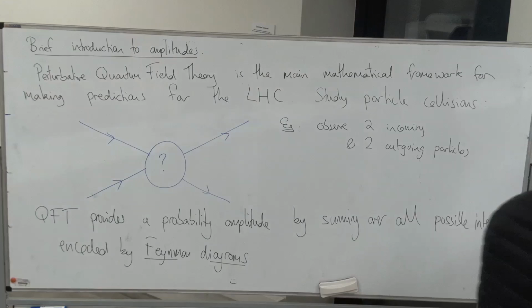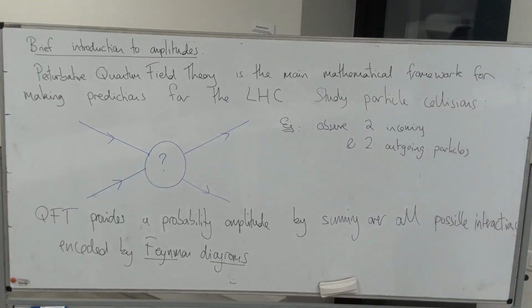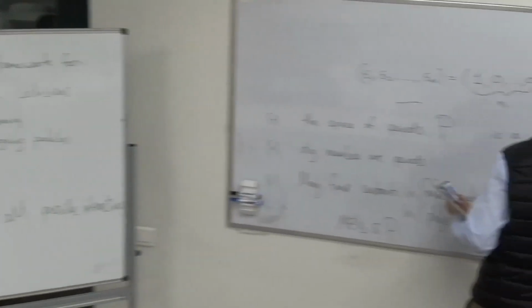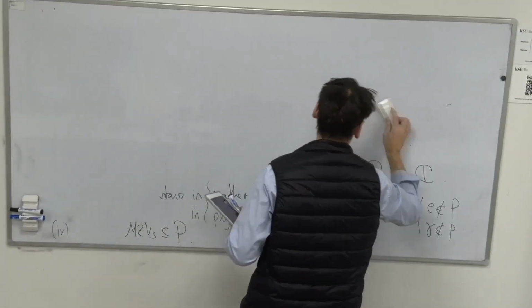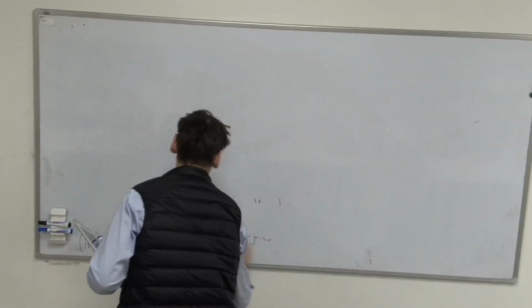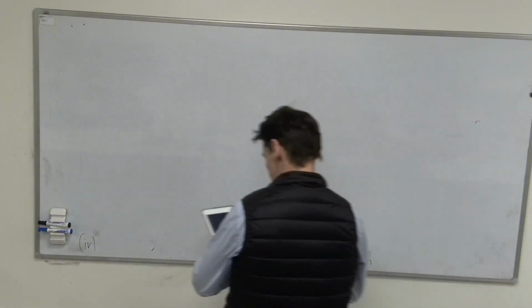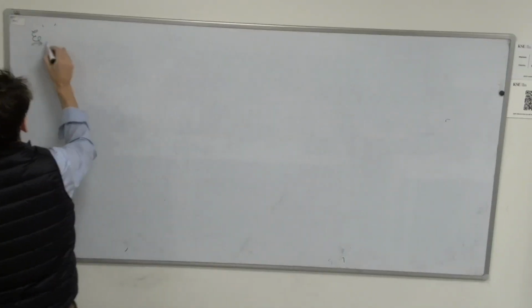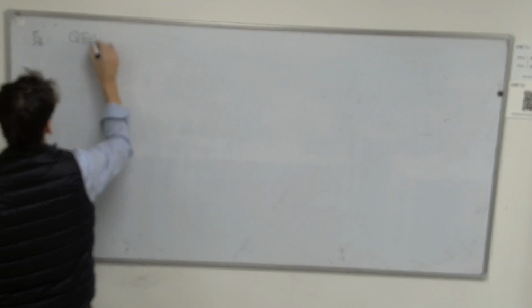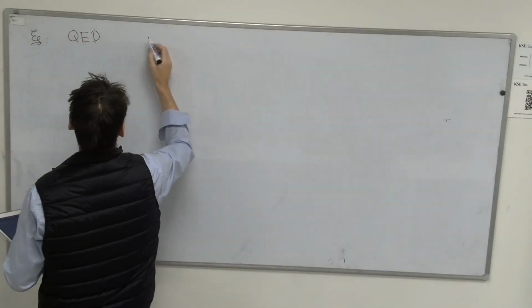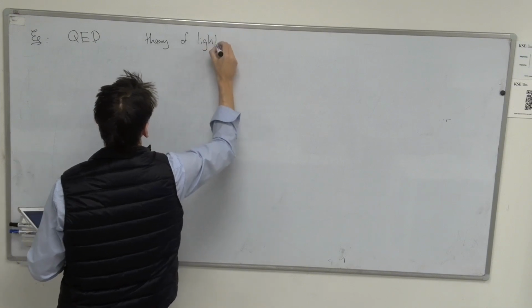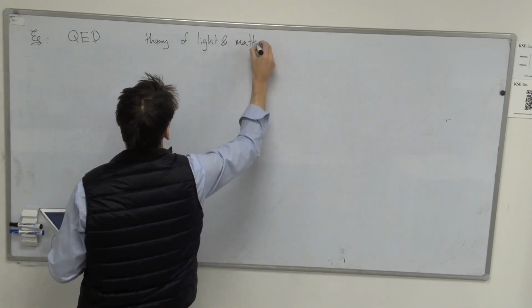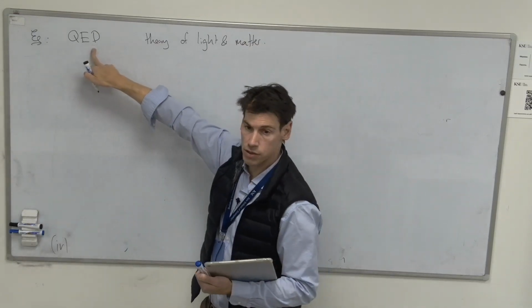Okay, so let's do some examples. So, for example, in the theory of quantum electrodynamics, which is the theory of light and matter, and by the way, this is the title of a book by Richard Feynman, which is brilliant.